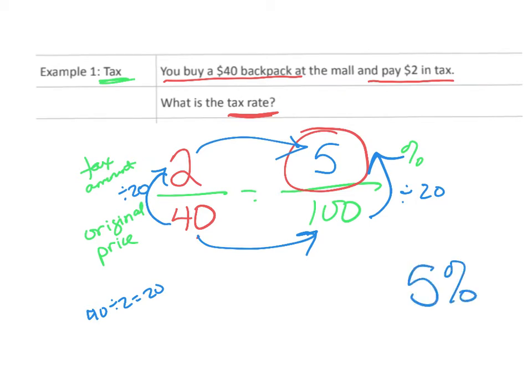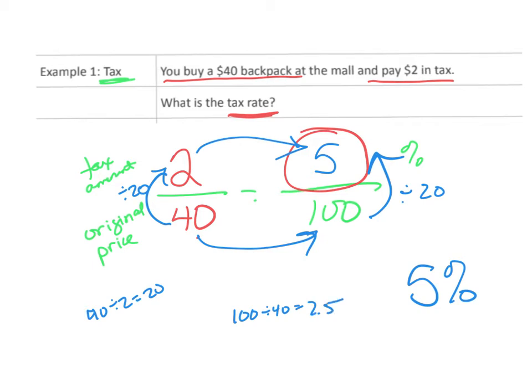But let's try it this other way. If we go this way, let's do 100 divided by 40. Sorry, that's going to give us 2.5. I'm sorry, I goofed on that one. It's going to give us 2.5.